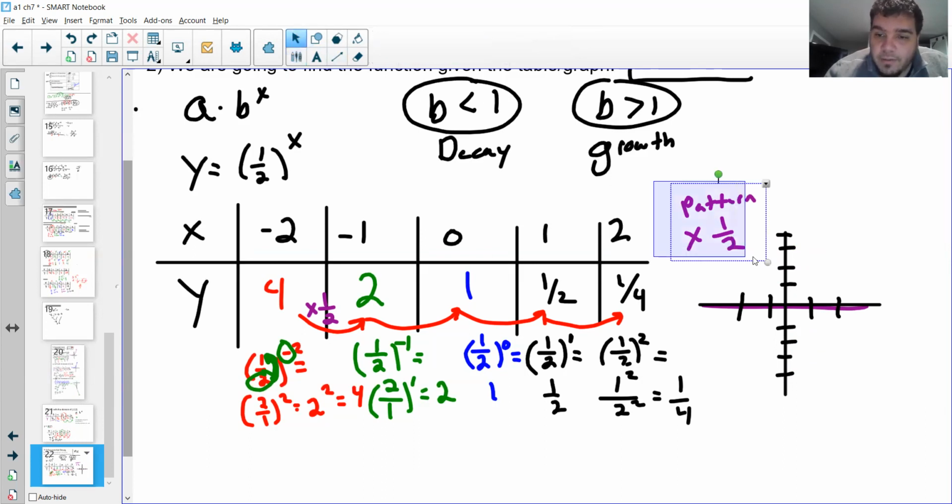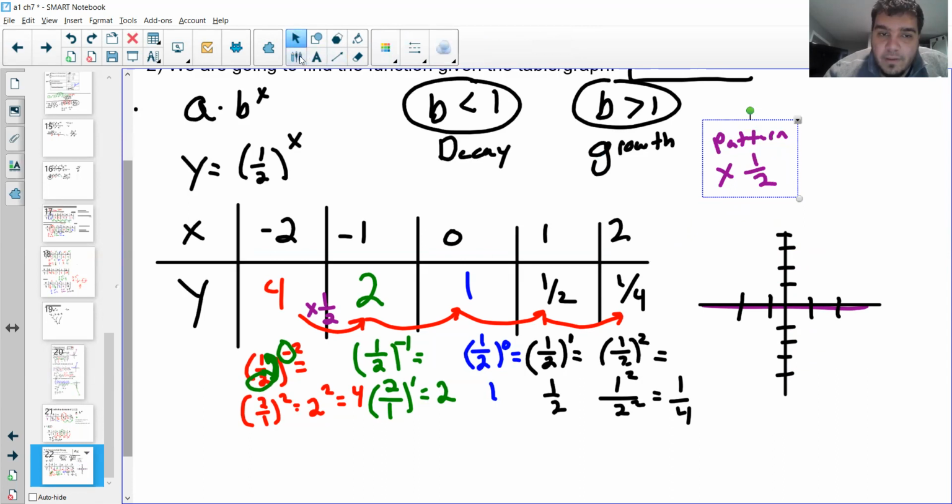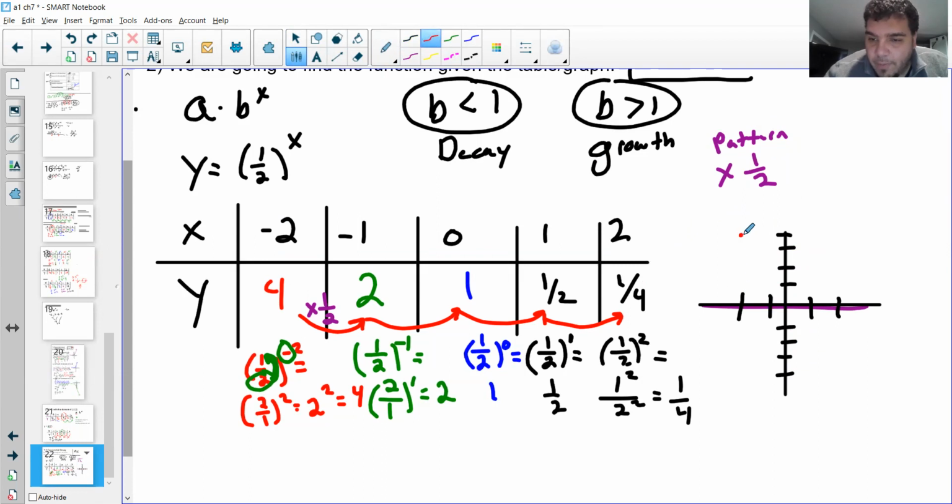So, move this away, pattern. Your first coordinate point, which I did in red, is -2, 4, so 2 back, 4 up. Next one is -1, 2. Next one is 0, 1. Then 1, 1/2, so halfway between 1 and 0, and 2, 1/4. Again, you could change these to decimals if you find it easier for that reason.